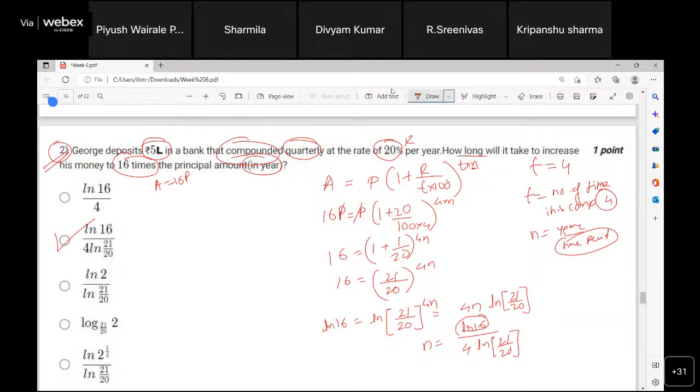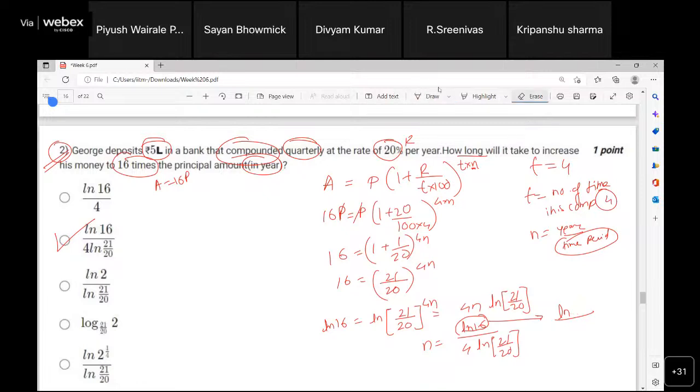So I can simplify this as ln 2 to the power 4, sorry, 2 to the power 4.